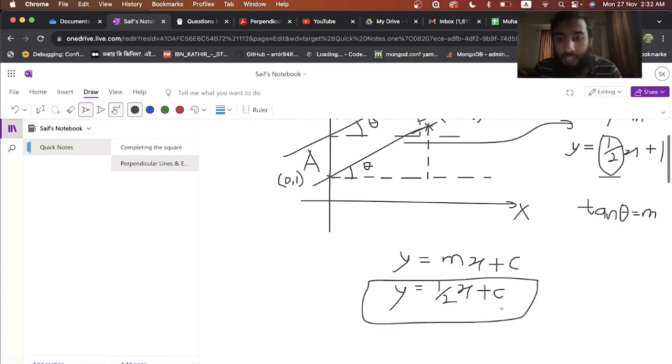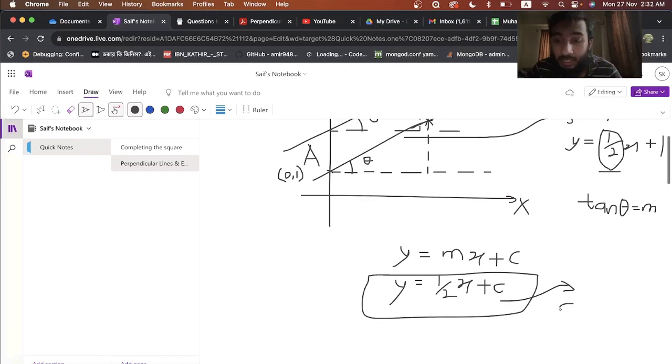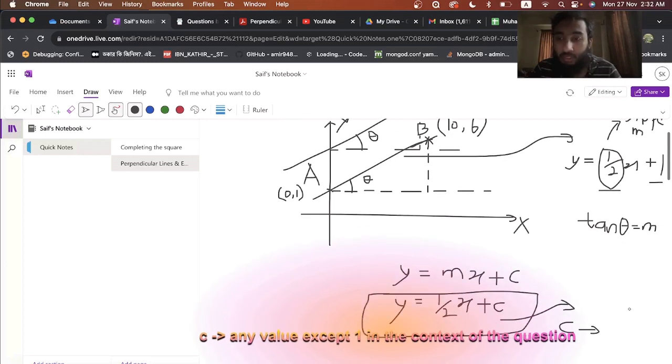Now the value of c can be any value that is a constant. It can be any value except the value which is given here, which is plus 1.